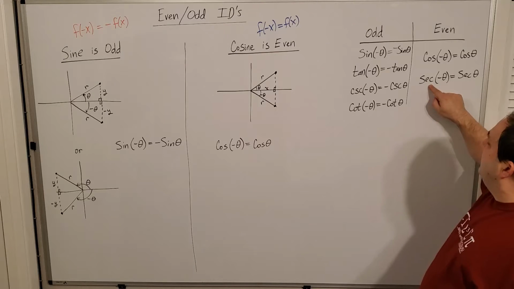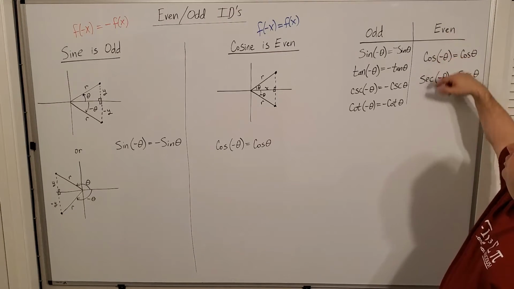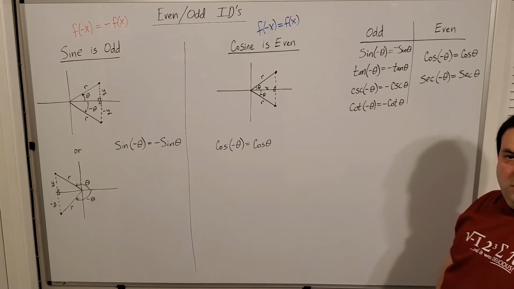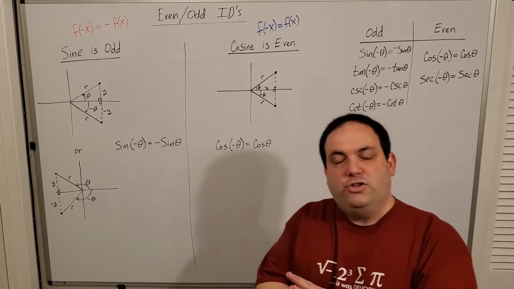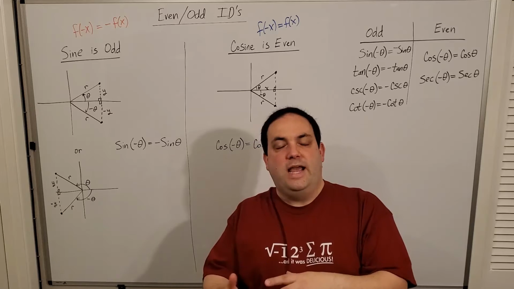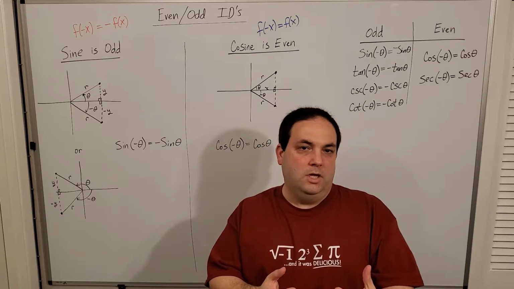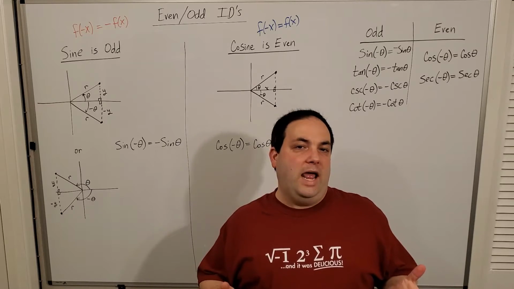And since secant is the reciprocal of cosine, it's going to have the same feature of being even. So in any of these instances, if you run into a trig function when you need to switch the sign of your input, you can automatically expect what kind of output it's going to have.